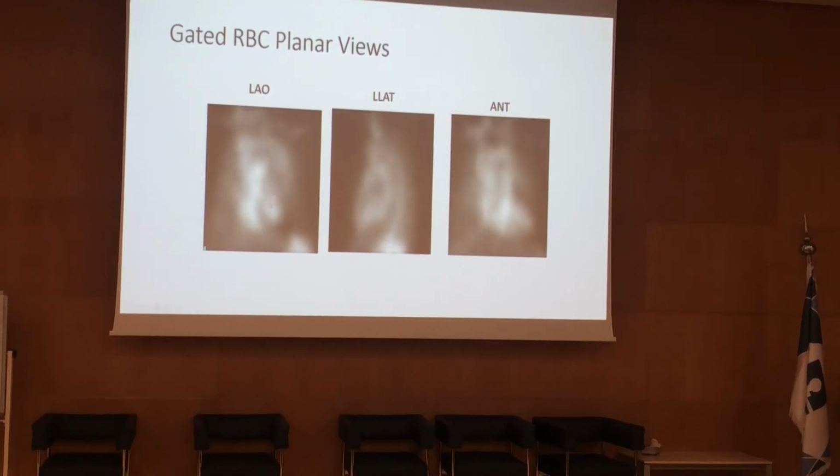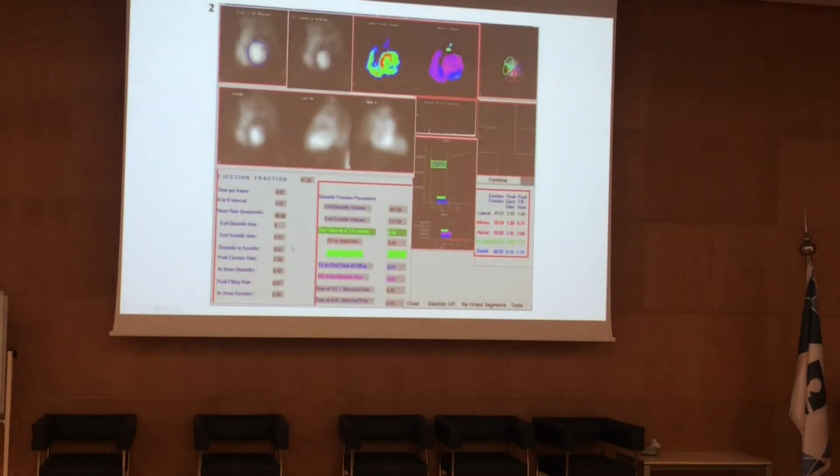So this is the left ventricle here, and this is the right ventricle. Basically, you don't see the ventricle, you see the blood inside the ventricle. So we're labeling it with technetium, and then you assess the function. Again, you see it here. This is the left ventricle, and we contour the diastole and systole, and we get the ejection fraction. This is a very accurate measurement for left ventricular function.